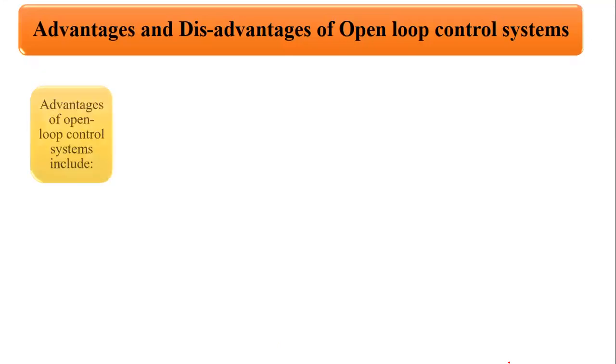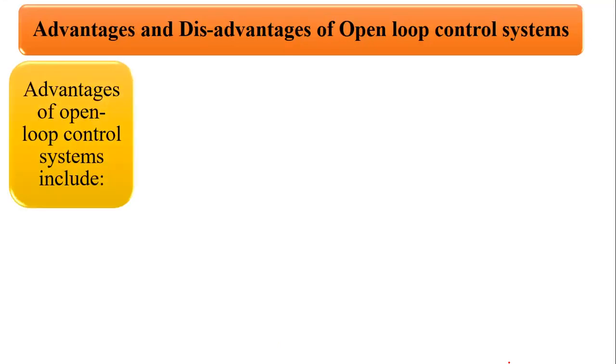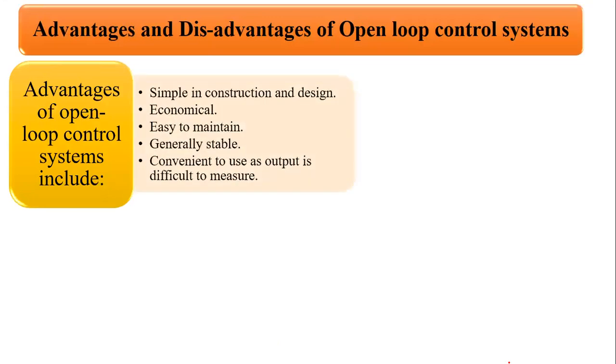Now, there are certain advantages and disadvantages of open loop control systems. When we see the advantages of open loop control systems, we can say that they have simple design, simple construction, because they do not have extra elements like feedback elements. Open loop control systems only have the controller, they only have the plant, right?